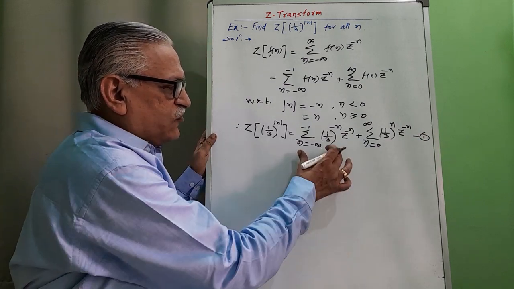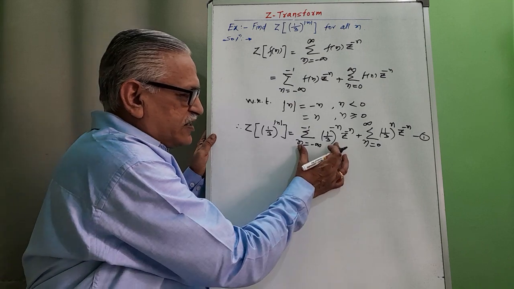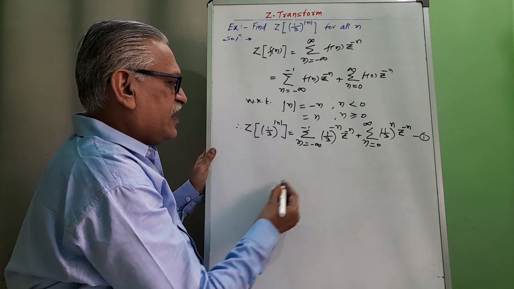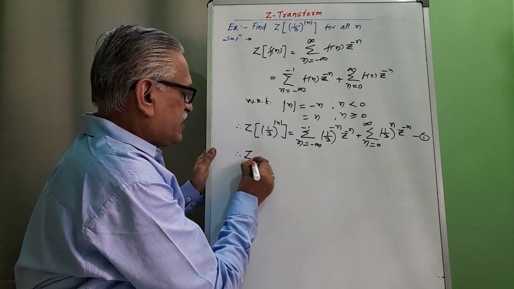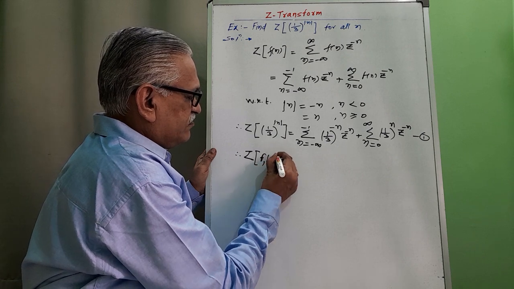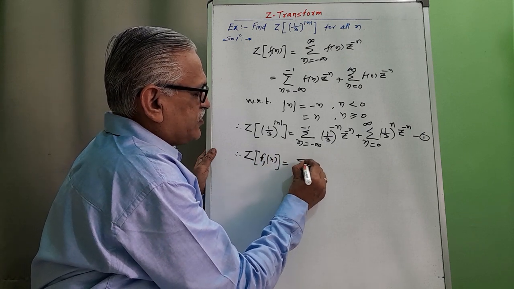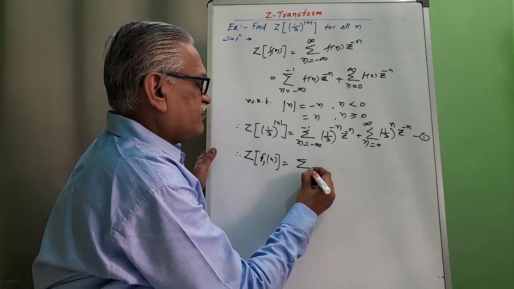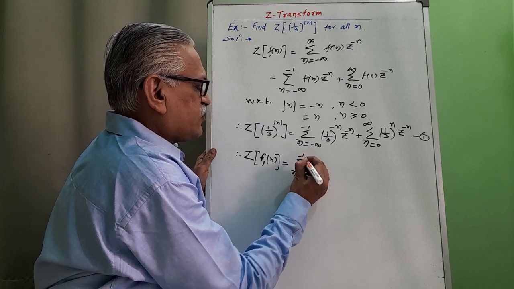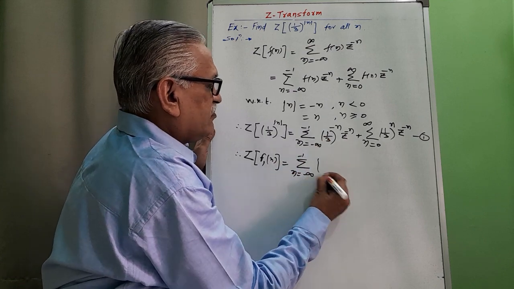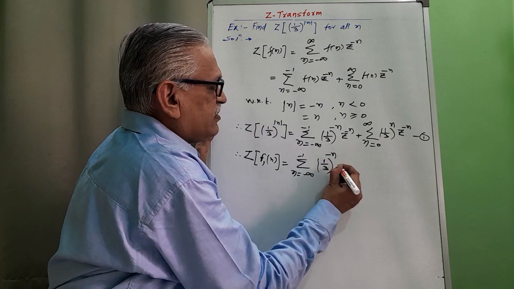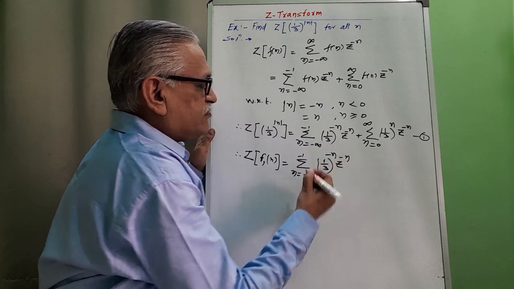Then we find the Z transform of the first term and the Z transform of the second term separately. The Z transform of the first term is summation from n equals minus infinity to minus 1 of (1/3) raised to minus n and z raised to minus n.